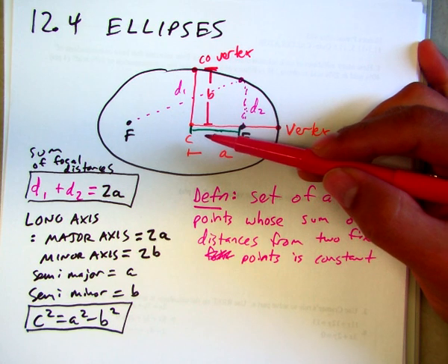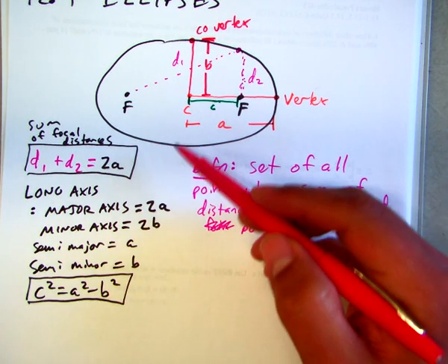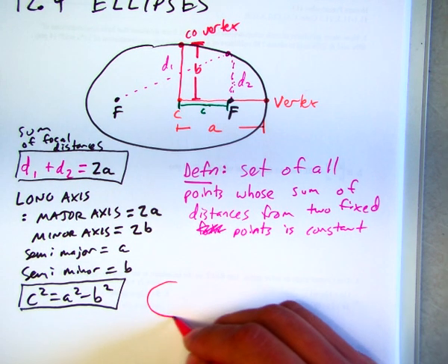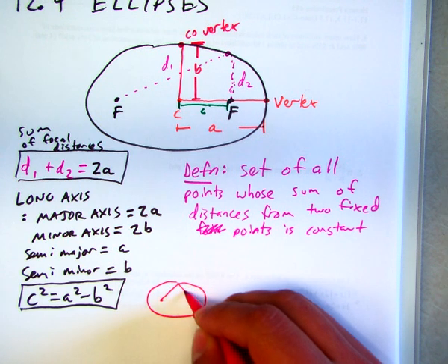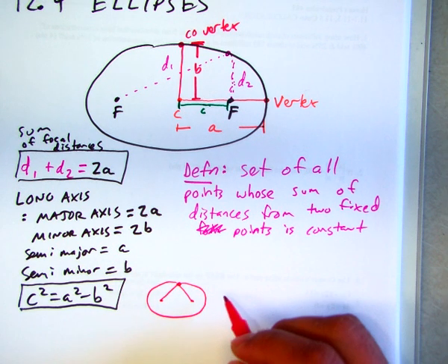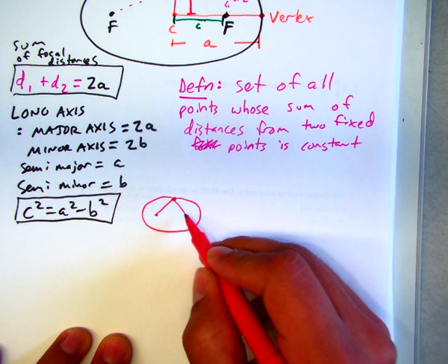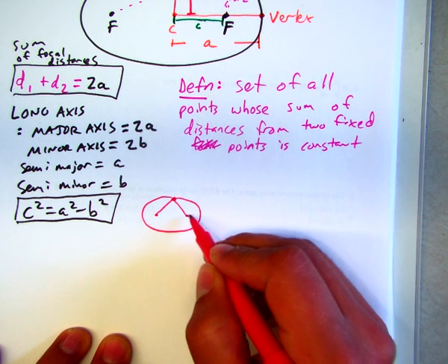If you don't see why this equation is what it is, okay, I can do a quick little explanation. Okay, what are these two little points called? Foci, right?